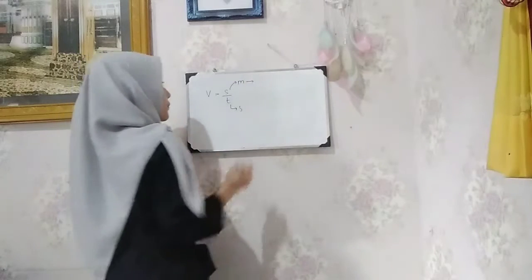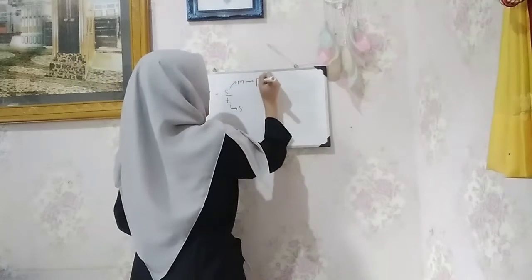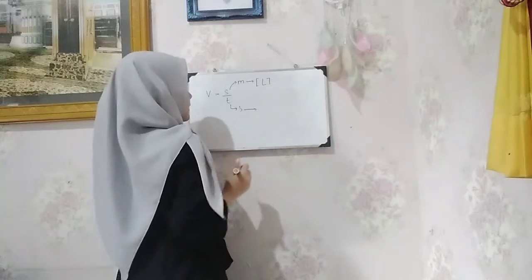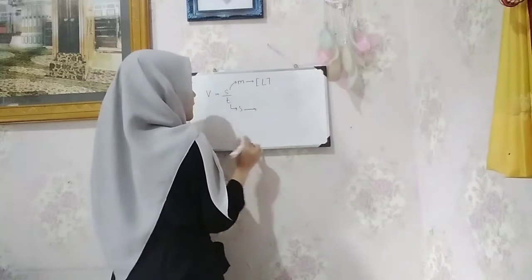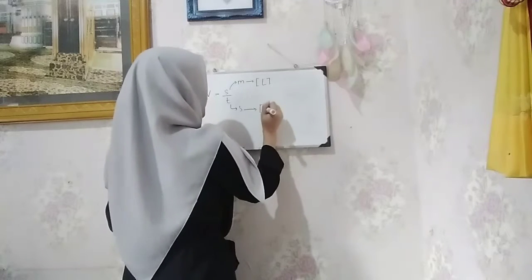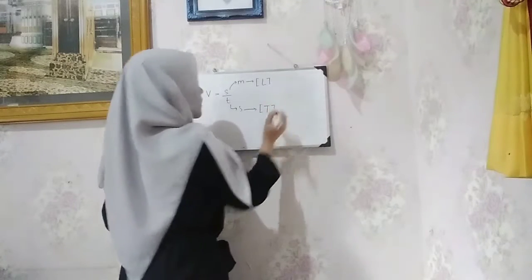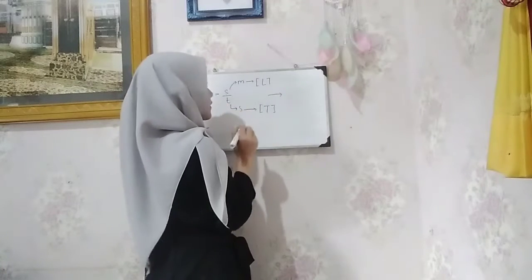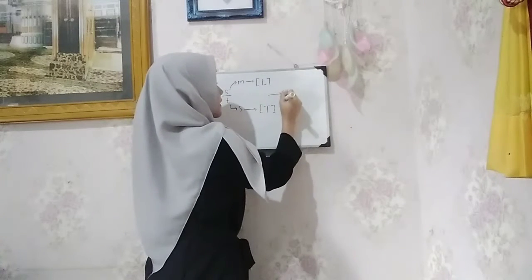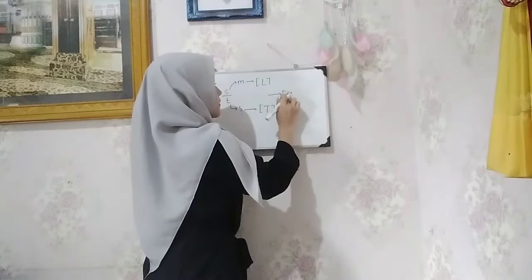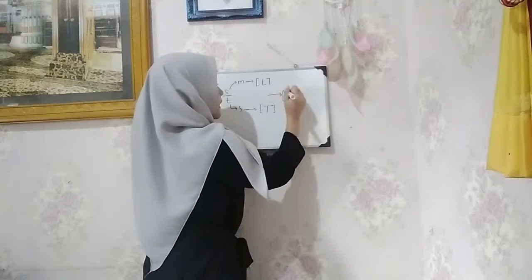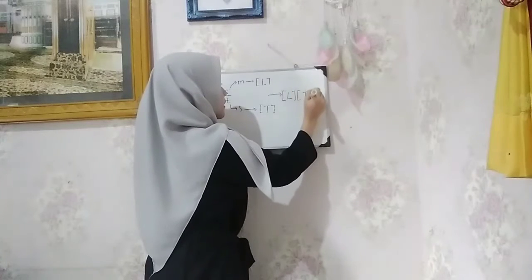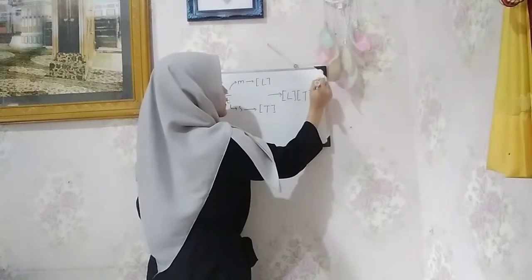Dimension of meter is L. Dimension of time or second is t. So, dimension of velocity is L t to the power of -1.